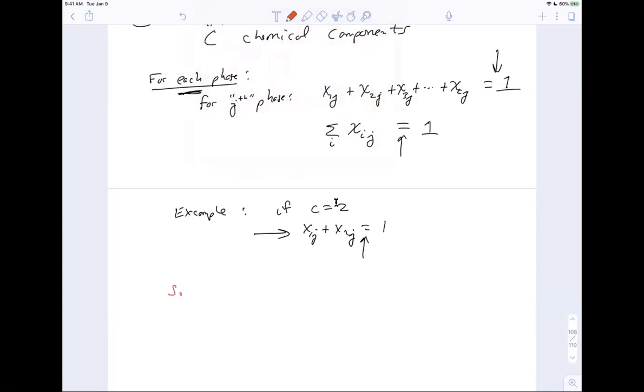It doesn't matter how many components. For each phase, you will have one constraint that arises from this. For each phase, you have one constraint.